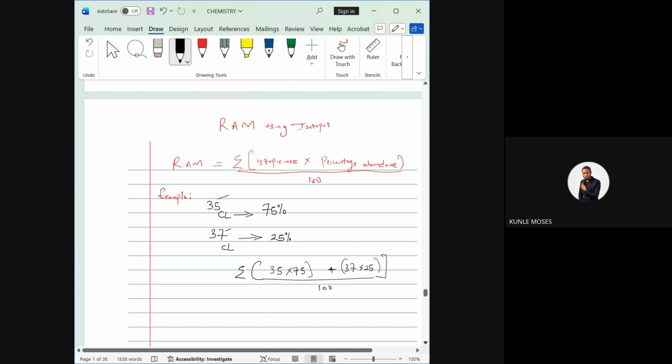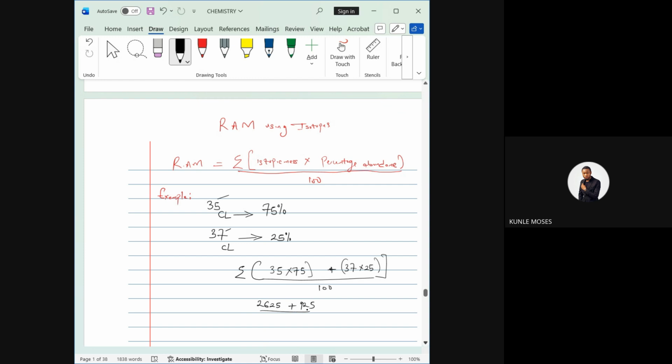So somebody help us. Anyone with a calculator. What is 35 times 75? 2,625. So 2,625 plus what is 37 times 25? 925. So everything divided by 100.